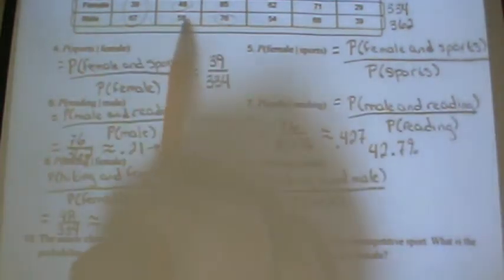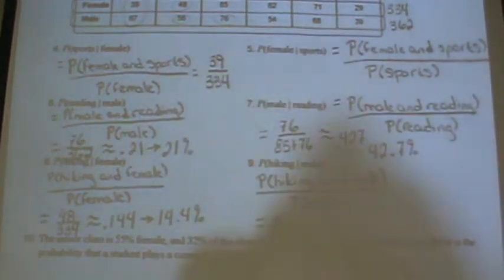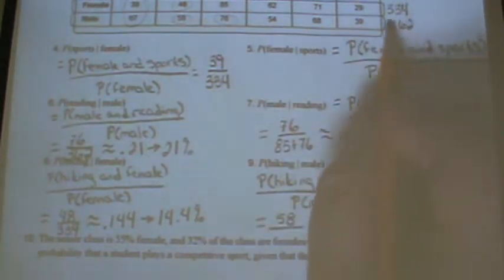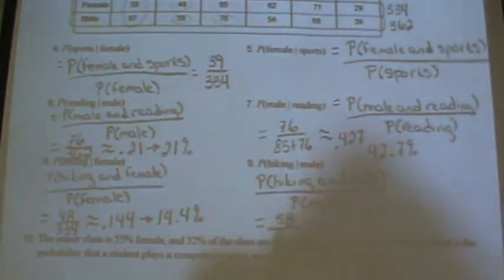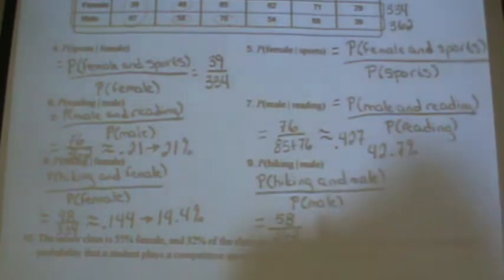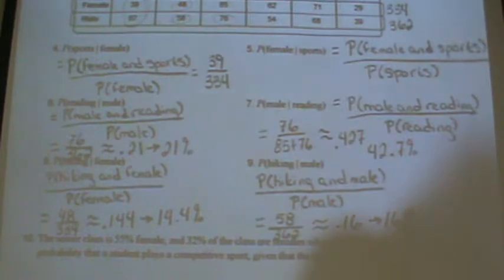So we go to our male row and go to hiking. 58 hike, so it's 58 over your total number of males, which was 362. So we have 58 over 362. And we get our decimal, 0.16, which translates to 16%.